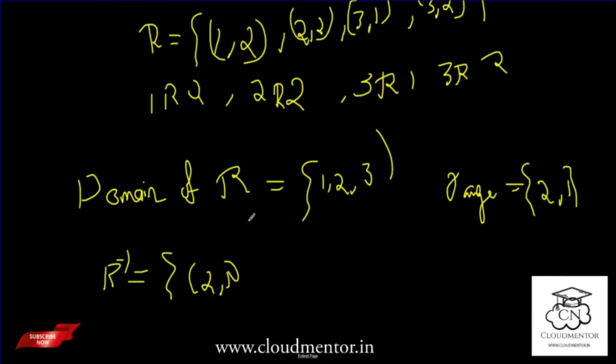Just inverse this A and B. So ordered pair 2, 1, the next one will be the same, ordered pair 2, 2. Now ordered pair 1, 3, and ordered pair 2, 3.